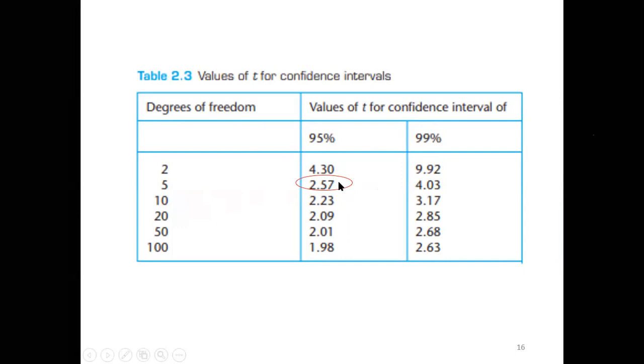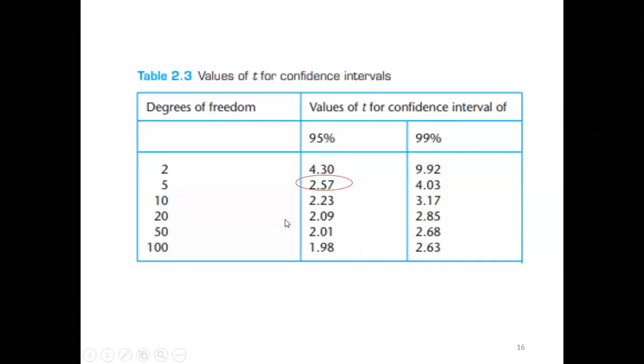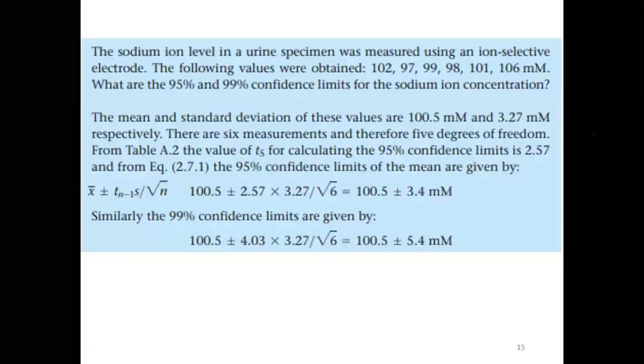The T value for 95% when the degree of freedom is 5 is 2.57. In this equation, instead of T, we substitute that value, 2.57.